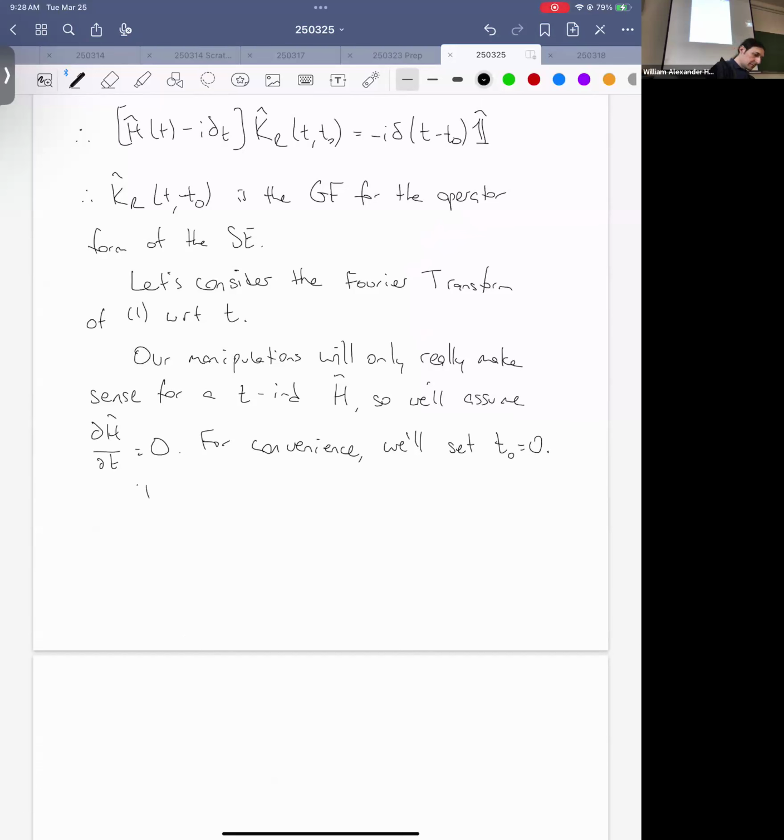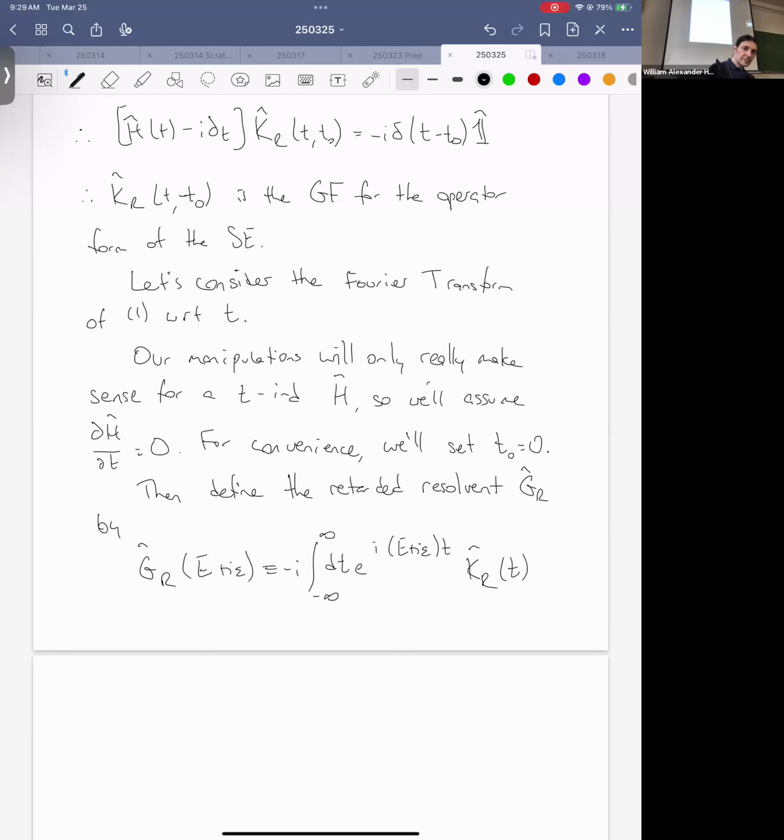All right. Then define the retarded resolvent G_R of E plus i epsilon as minus i integral from minus infinity to infinity dt e to the i (E plus i epsilon) t, retarded propagator operator at time t.